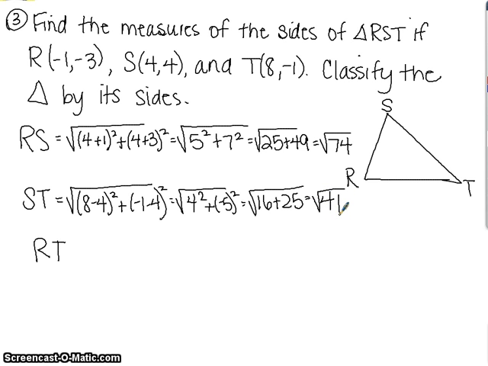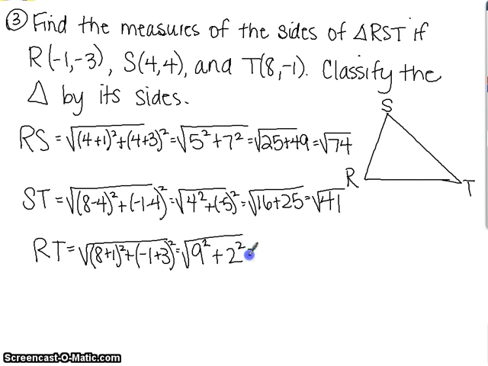Okay, well, we don't have an equilateral triangle. Let's see if we have isosceles or scalene. RT, 8 turns into a +1 squared, plus -1 turns into a +3 squared. Okay, so we have 9 squared plus 2 squared. So it looks like we have 81 plus 4.